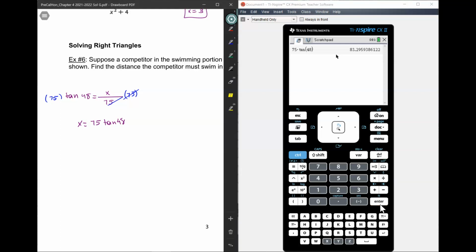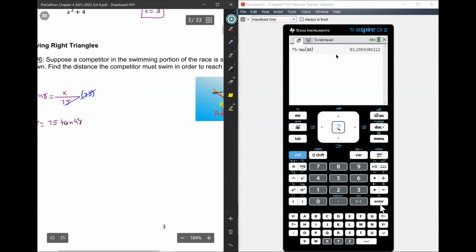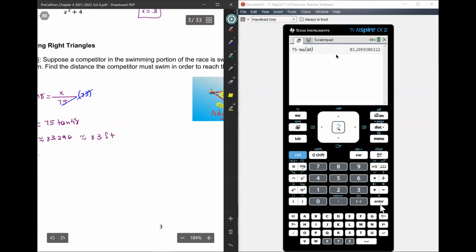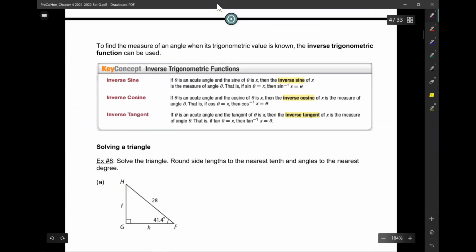Right now, if I haven't specified, then it's up to you. So I would say X is approximately 83.296, or we could say that's approximately 83 feet. How would AP want the answer to be? AP always goes up to three decimal places.